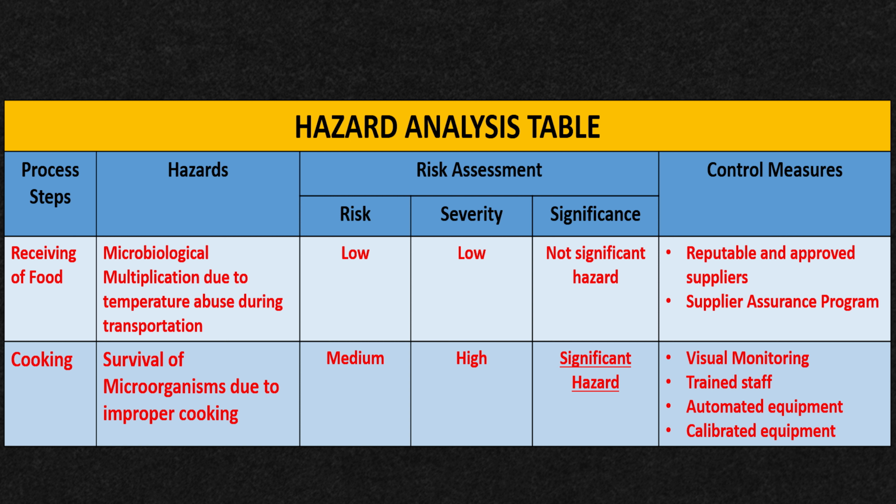At the end of this, you will know that certain hazards are significant, certain hazards are insignificant, and insignificant hazards will stop here. There will be no further study about those hazards, and they will be controlled through the prerequisite programs. But the significant hazards we'll take to the next stage, which is the CCP determination or CCP identification stage. So that's it for the hazard analysis.